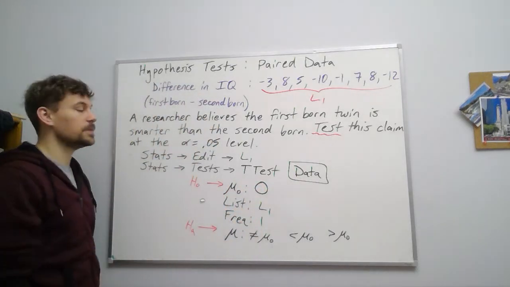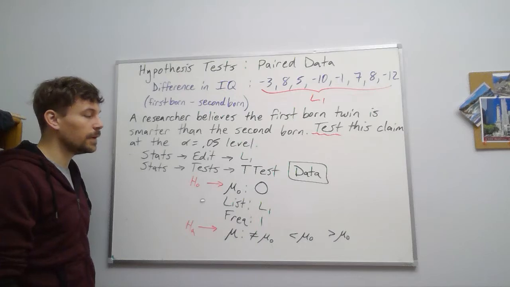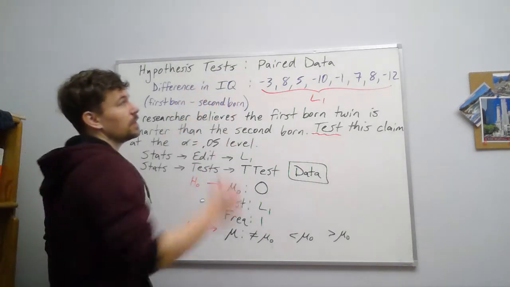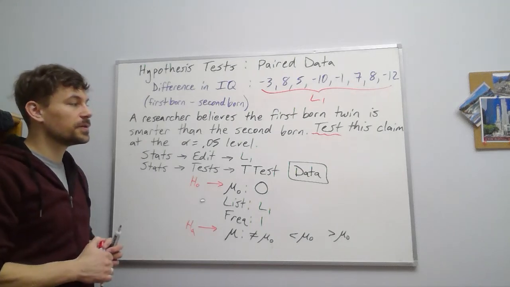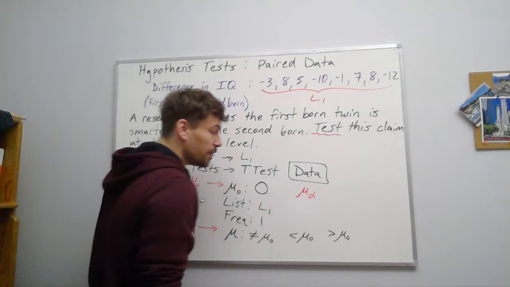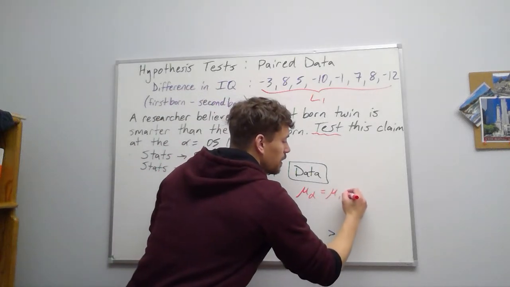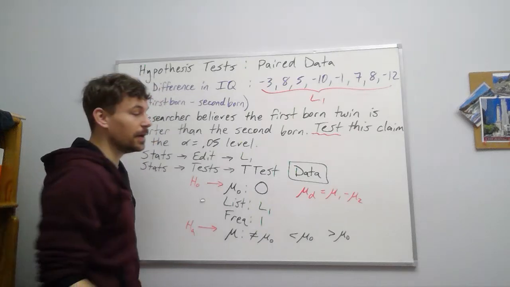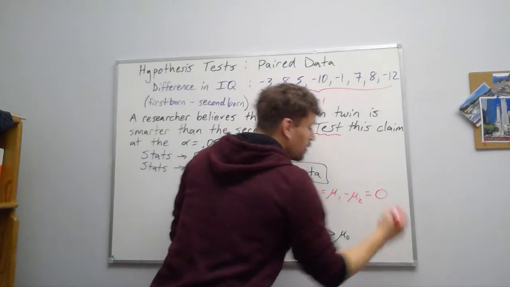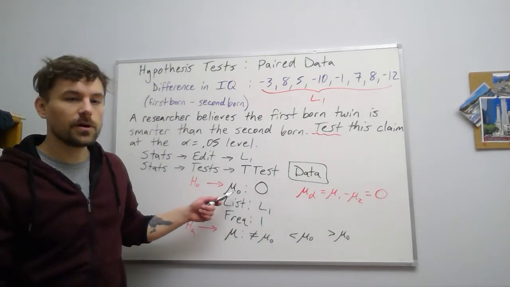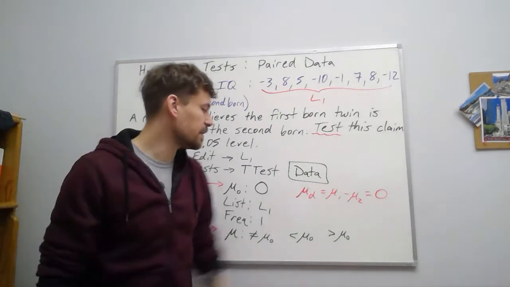A lot of these paired data situations are considered in terms of the difference. So you can say mu, the difference, is mu1 minus mu2, firstborn minus secondborn. If there's no difference, that would be 0. That's what we're calling mu0 here. So the difference is 0.